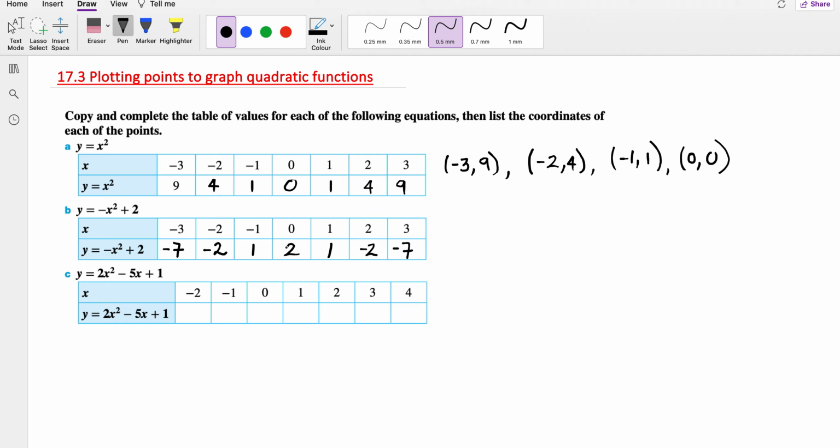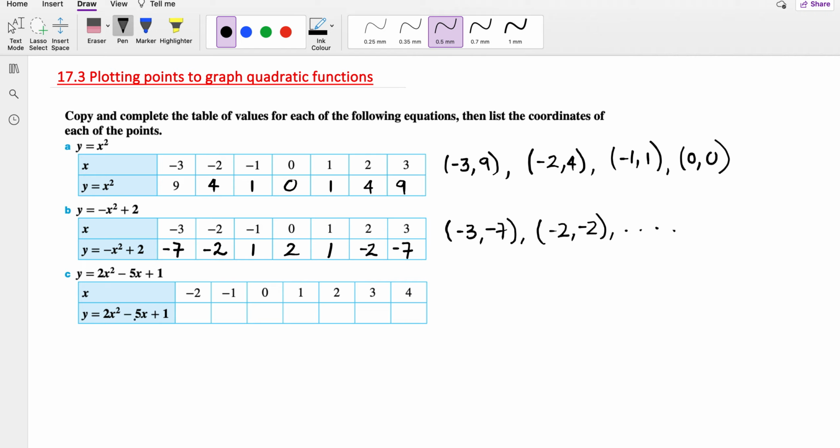If I want to verify this, when x is equal to 0, I know that y is going to be equal to 2. So it's correct. Wonderful. And then we have to list the coordinates. So again, -3, -7, comma, -2, -2, and so on.